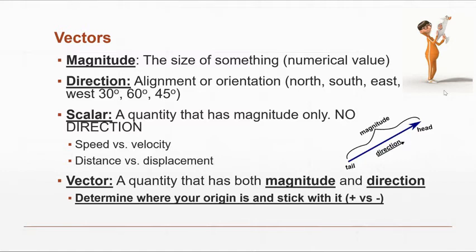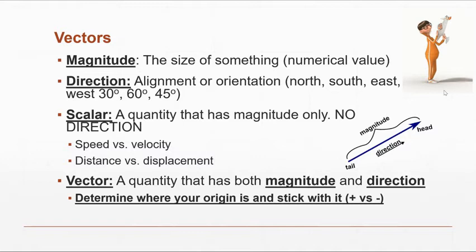Can I run a 400 meter in under a minute? No, I was not able to do that. I could run a mile in sub 6. So that's going to be my speed. How fast am I running a mile? Okay. Your distance versus displacement. So distance is your scalar and displacement is your vector.